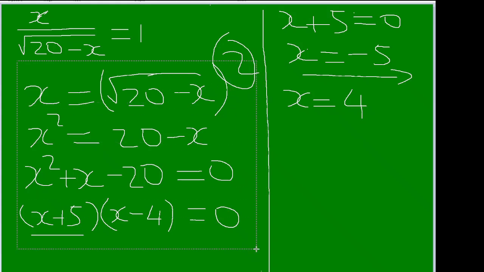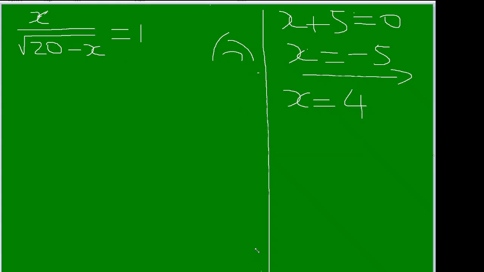Let's clean up a little. So we continue with substitution. Whenever there's x, we start with x is equal to negative 5. We substitute in the original equation, testing if it will give us 1.